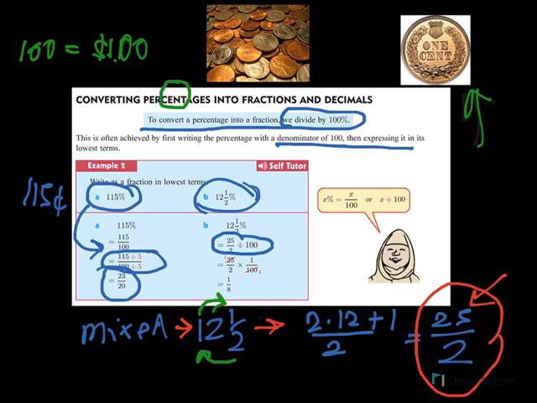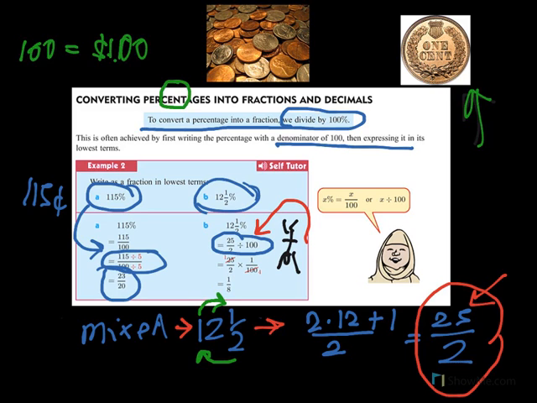Then we simply divide it by 100. If you remember me standing on my hands in the classroom, here's my arms, here's my head, I did that because we do not divide fractions. We multiply by the reciprocal.